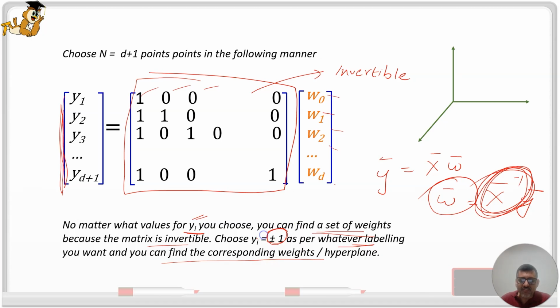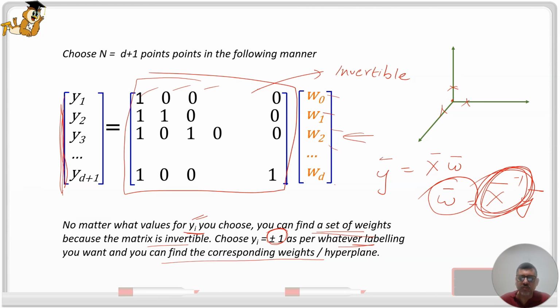So if somebody tells you that this label is plus 1 or minus 1, you can actually choose yi equal to 1 or yi equal to minus 1 as the case may be, and get the values of weights. So clearly with such a selection of d plus 1 points, you can support any dichotomy, right?